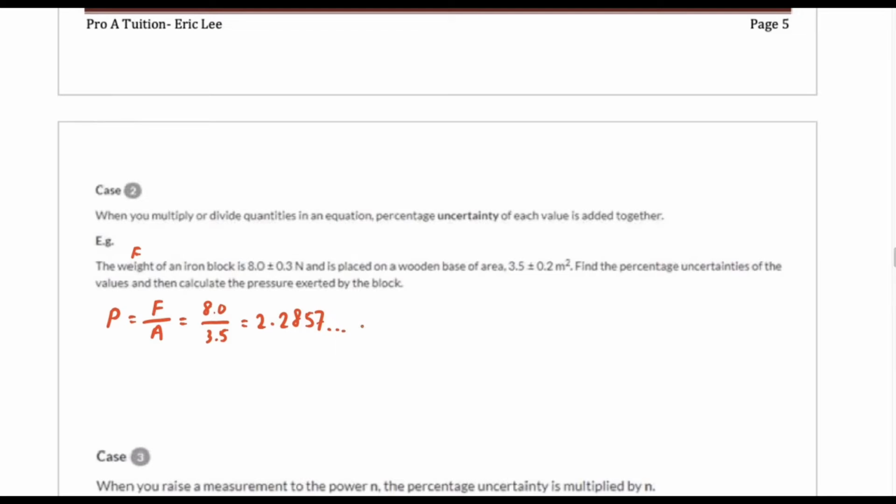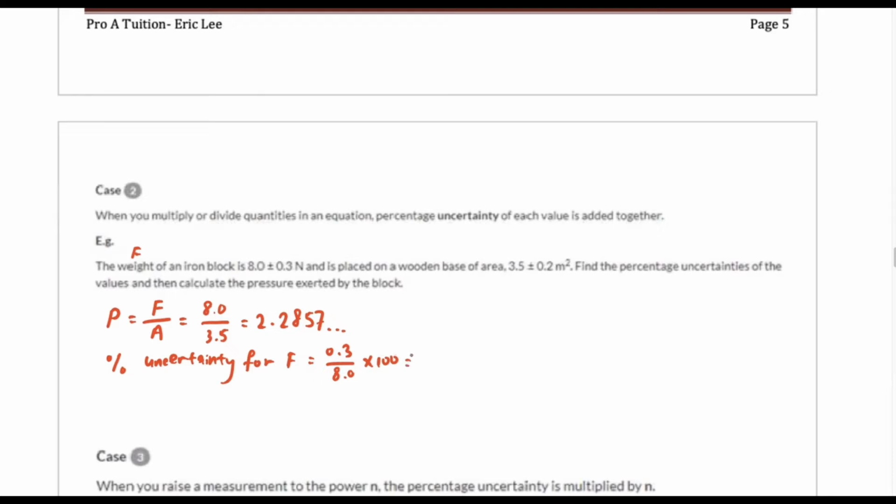Now let's look at the percentage uncertainties for the force as well as the area. The percentage uncertainty for F, the weight, is 0.3 over 8.0 times 100.